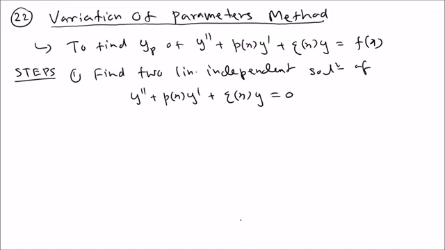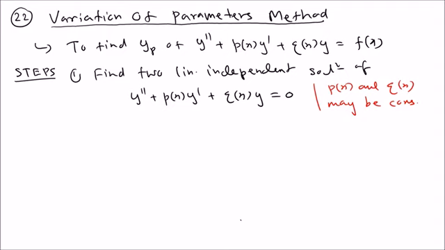So we have to solve this first. It can be constant coefficient or maybe Cauchy-Euler. So that's the first thing. And p(x) and q(x) need not be constants. Okay, so that's the first step.